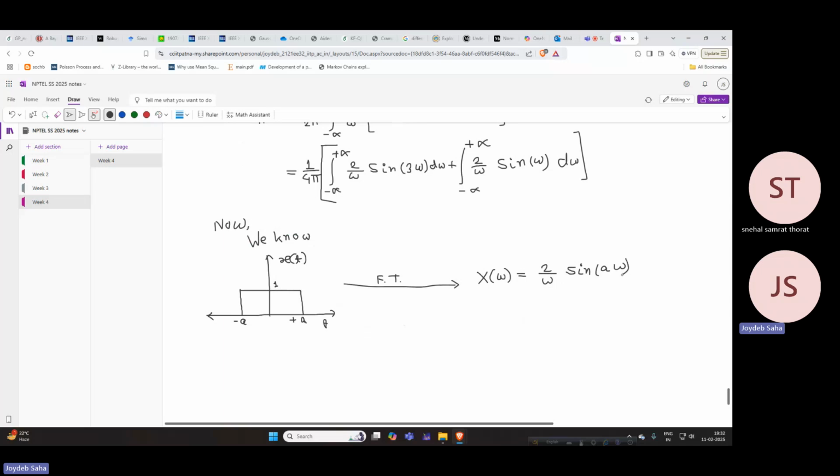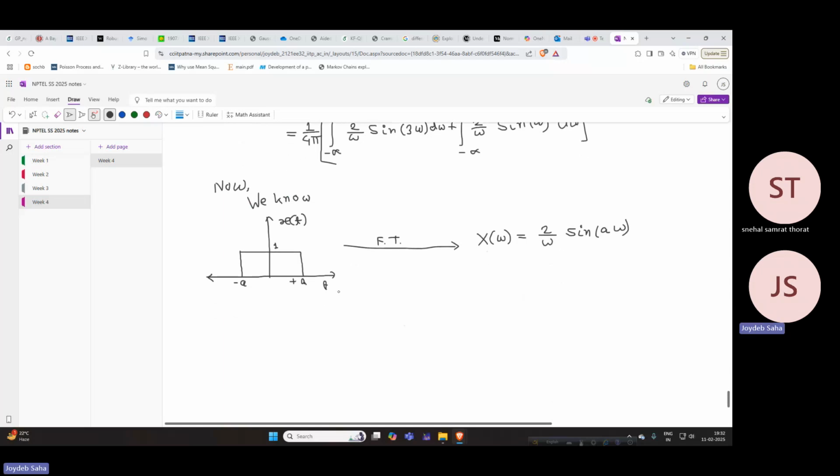How are we getting this? We have solved it in an earlier session. Should I solve it again? Okay, then we are skipping the solution.